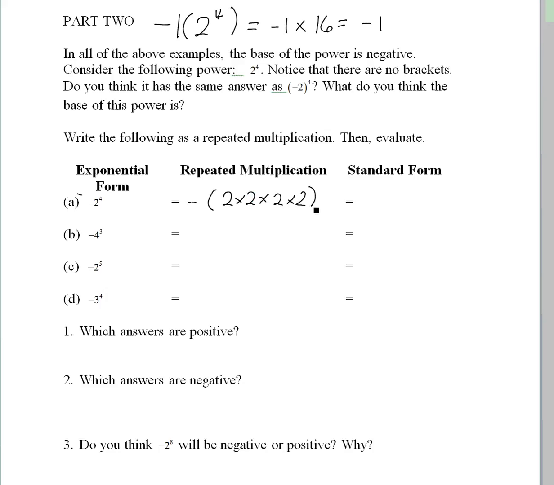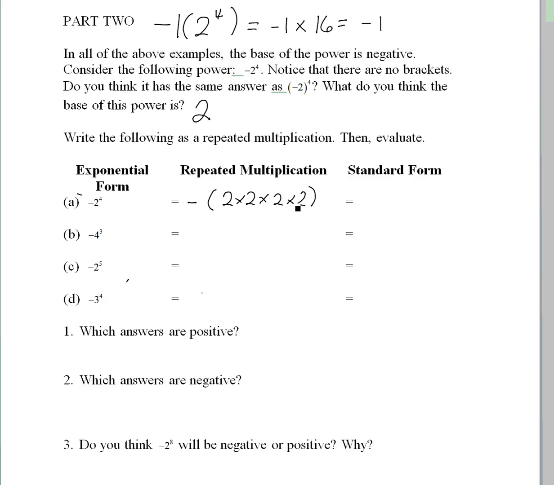The negative sign does not get repeated. Because there are no brackets, that negative sign is not actually part of the base. The negative sign just happens to be in front. It just says, this is negative 1 times whatever the answer is. So the base of -2 to the 4 without brackets is actually 2, whereas the base of -2 to the 4 with brackets is -2.